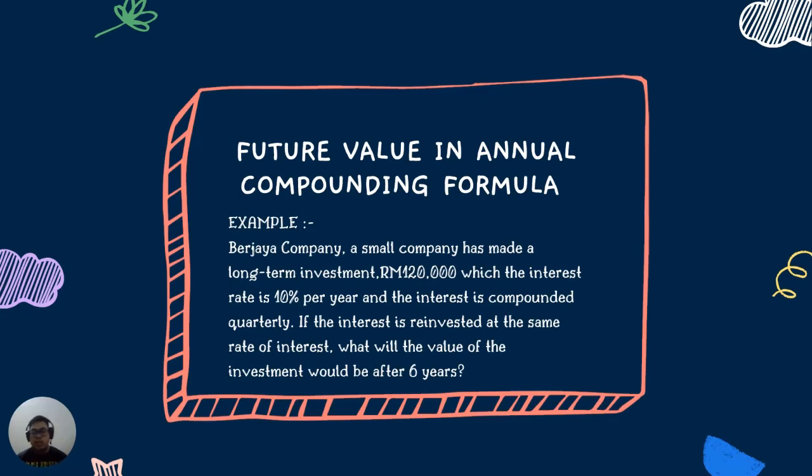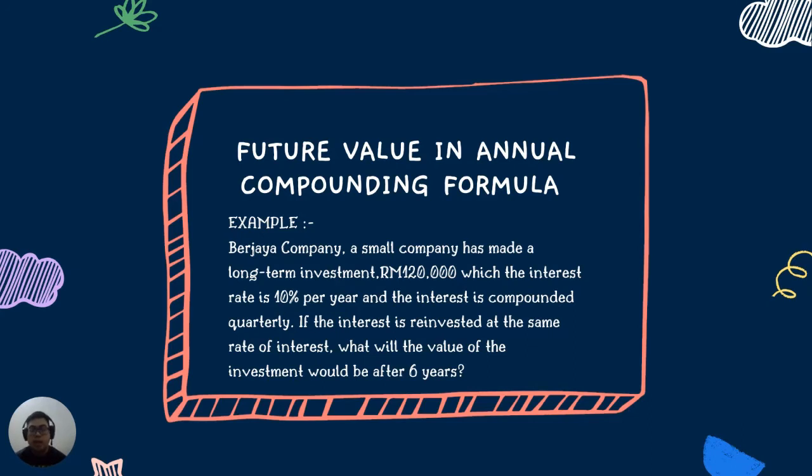So this is the example question for finding future value in annual compounding. Berjaya Company, which is a small company, has made a long-term investment of 120,000 ringgit, and the interest rate is 10% per year. So 10% equals 0.1 in point form.